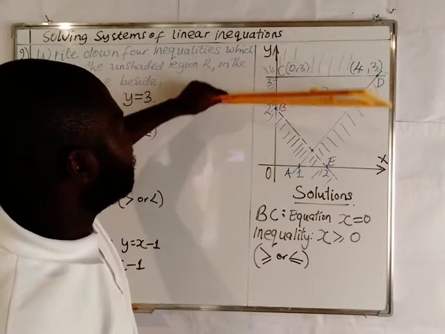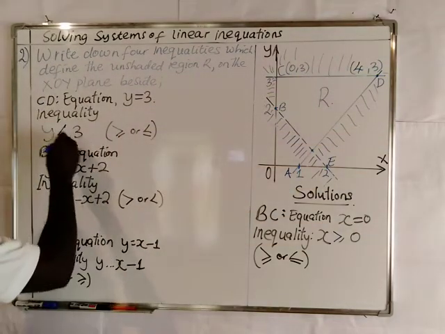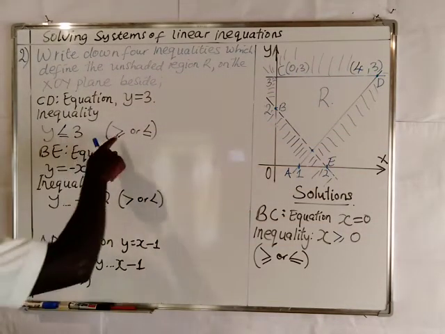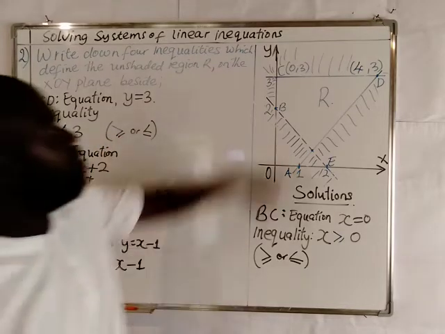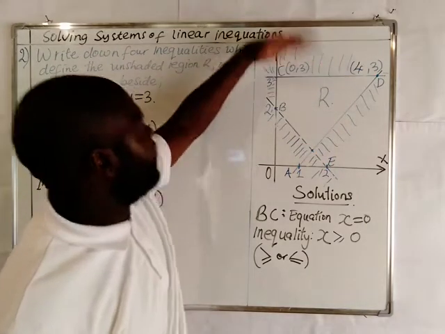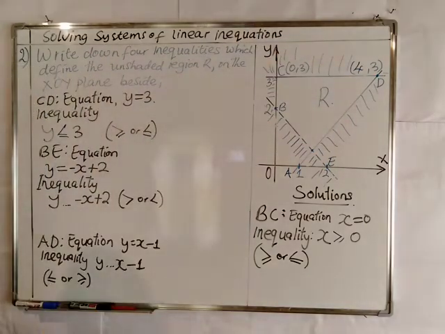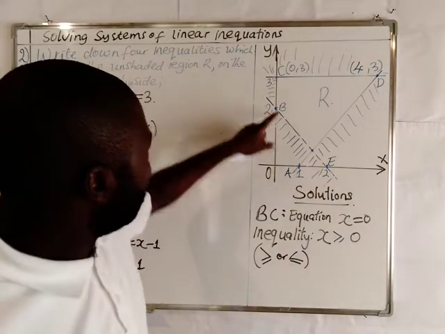So the inequality should be less than or equal to. We have chosen less than or equal to, because our wanted region is below here, not up there. Okay, so that's it. The next inequality is for BE.